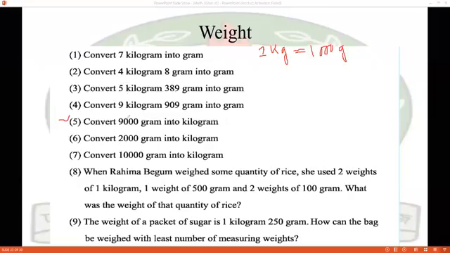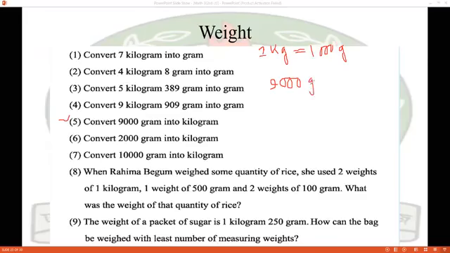At that moment, we have to divide by 1,000 gram to convert to kilogram. At first, we converted kilogram to gram by multiplying by 1,000. When we convert gram into kilogram, a small unit to a large unit, we have to divide it by 1,000 gram.